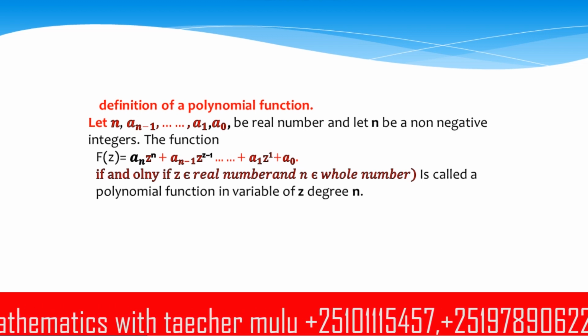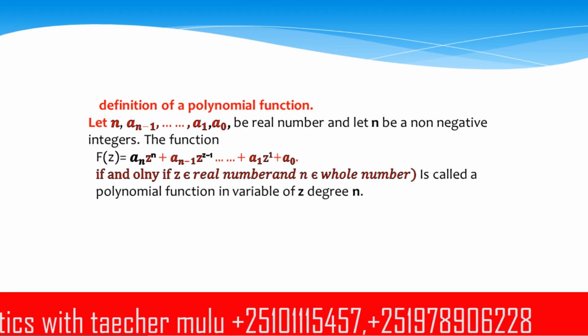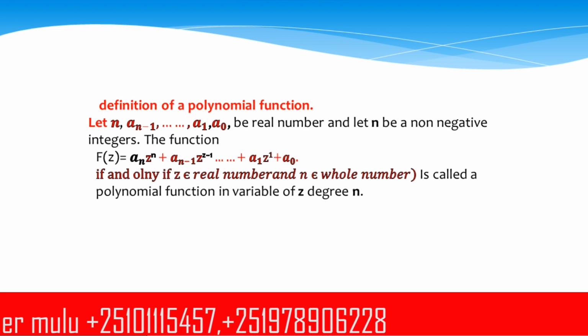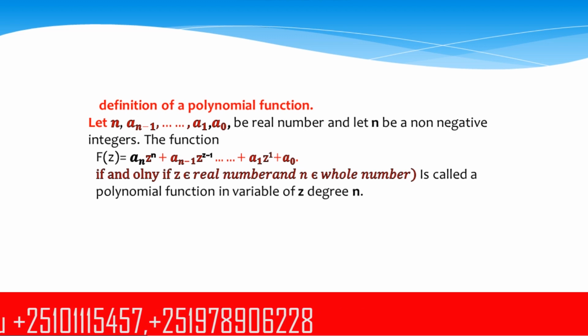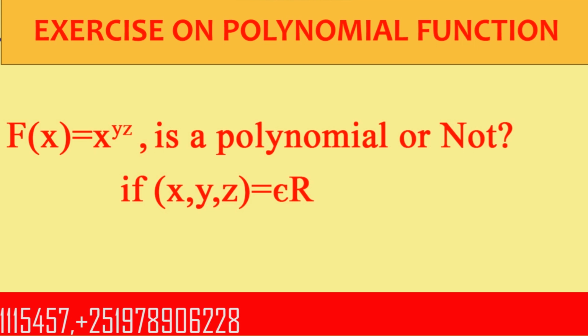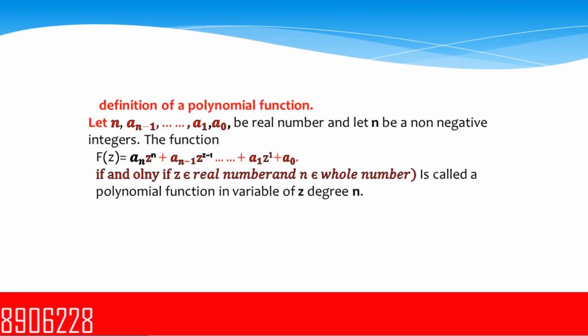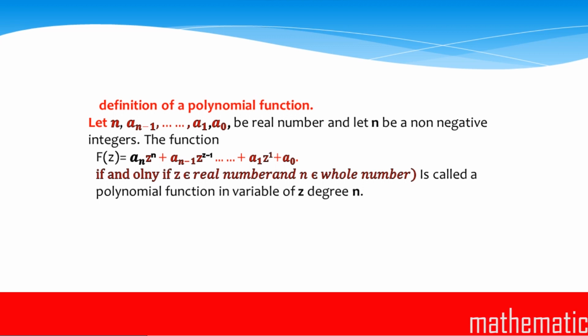Let me give you the third definition of a polynomial function. All have the same character, but the only difference is in their variable. n is the same in those three definitions, but their variable is different. In the first one it is x, in the second one it is y, in the third one it is z. So here f(z) = a_n z^n + a_(n-1) z^(n-1) + ... + a_1 z^1 + a_0.